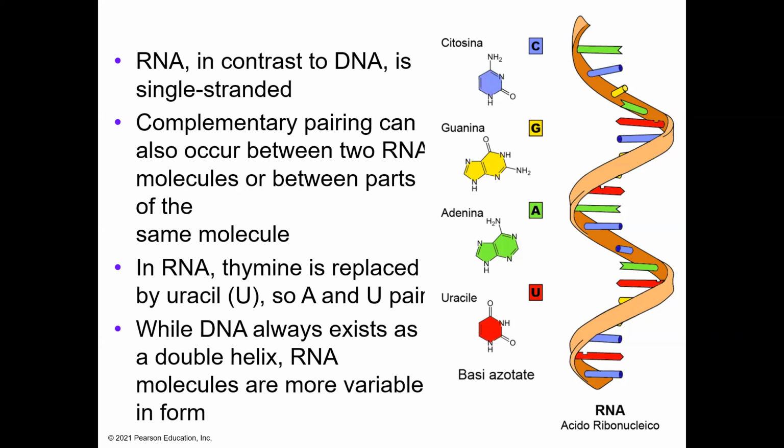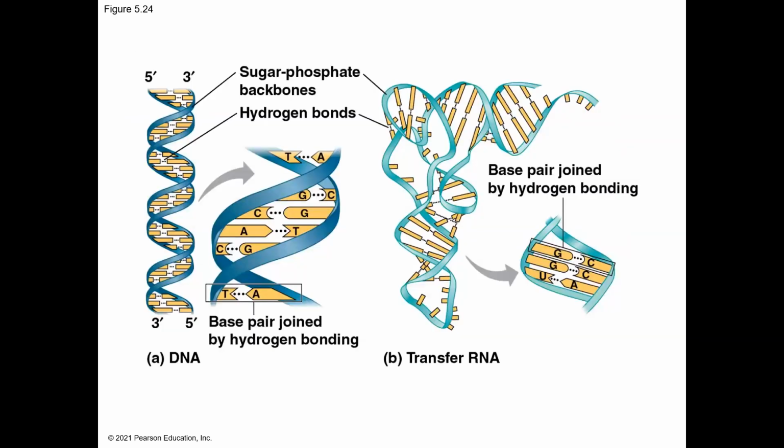While DNA always exists as a double helix, RNA is more variable in form, and it's single-stranded, and not actually always helical. So this is showing you the differences between DNA and RNA molecules here.